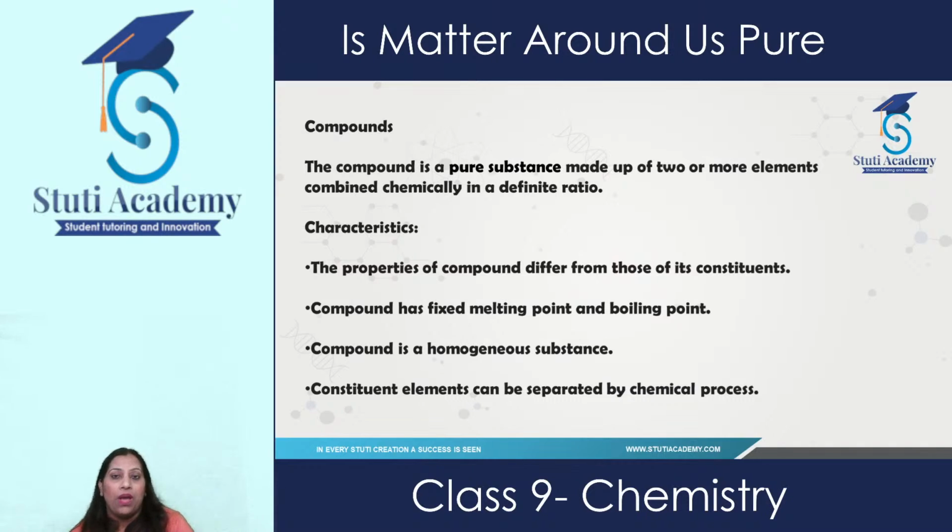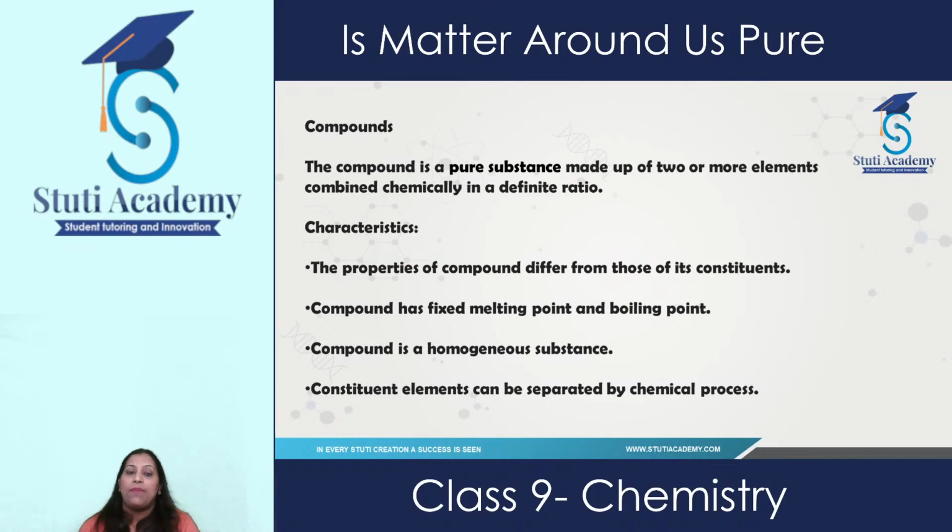Then we have compounds. As I told you, in compounds the elements are present in a fixed ratio. Compounds are made up of two or more elements when they combine together, but they are present in a fixed ratio. That's why these compounds also fall under the category of pure substances.